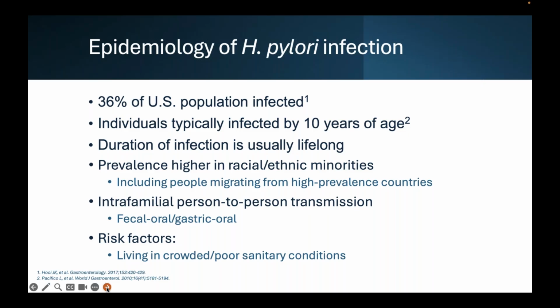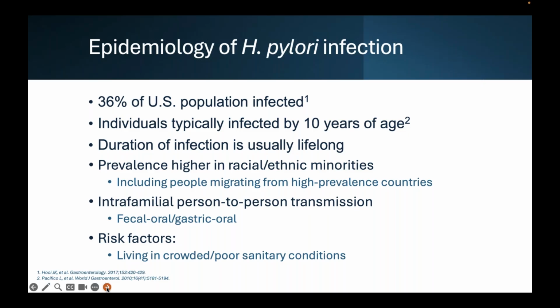The prevalence is much higher in racial and ethnic minorities in the United States, probably mostly because these are people who themselves or their parents have migrated from high prevalence countries carrying the H. pylori with them. The way that H. pylori is transmitted from person to person is mainly through the fecal-oral route, the same way that many enteric organisms are transmitted.